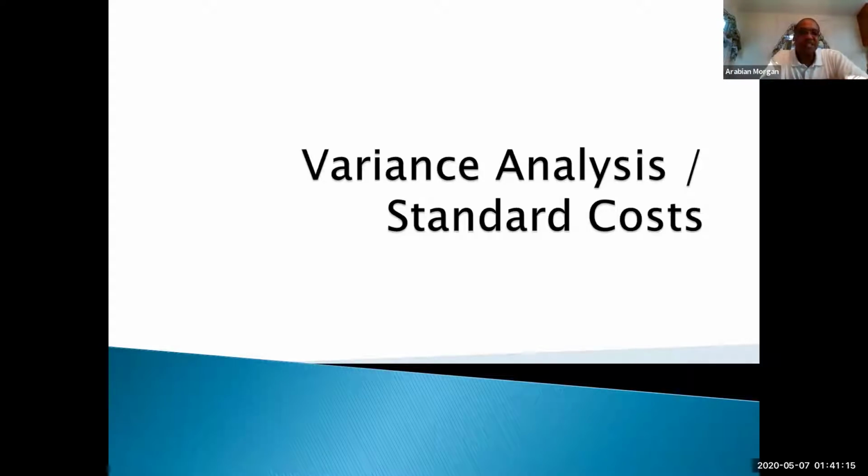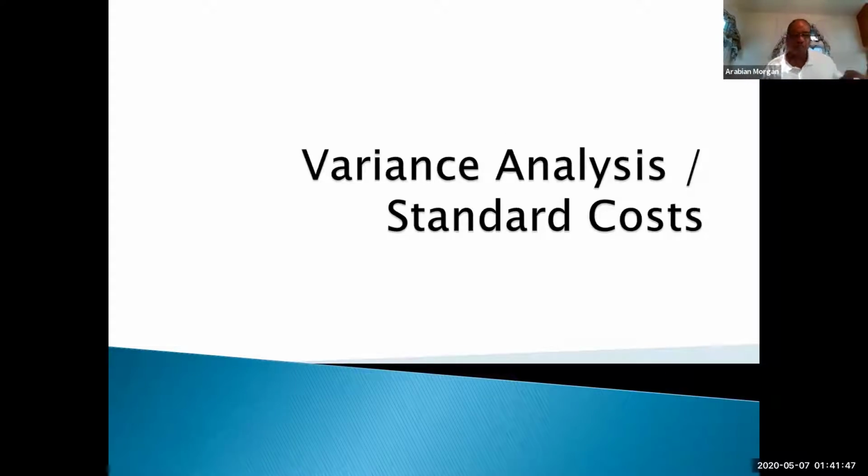Under the material square, it says that A stands for actual, S stands for standard, Q stands for quantity, P stands for price, okay? We just want to keep those variables in mind as I give you formulas today. Under the labor square, it says that A stands for actual, S stands for standard, H stands for hours, and R stands for rate.